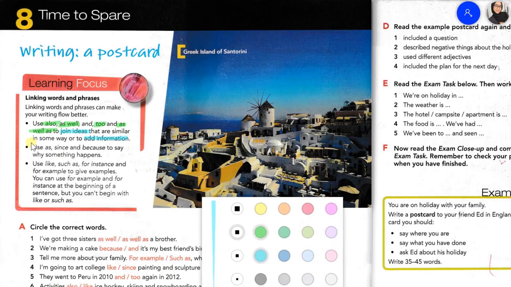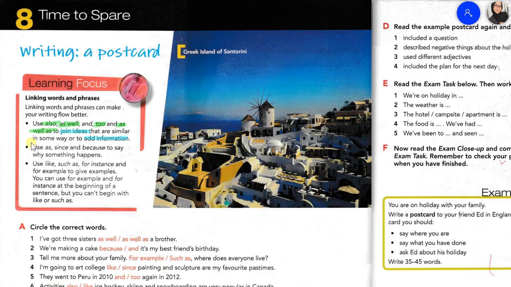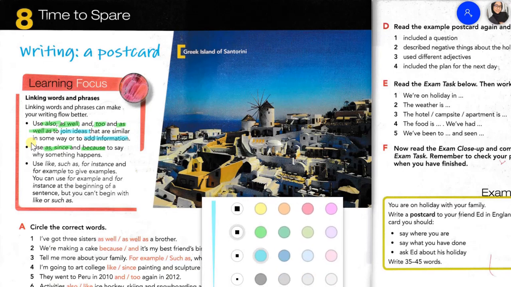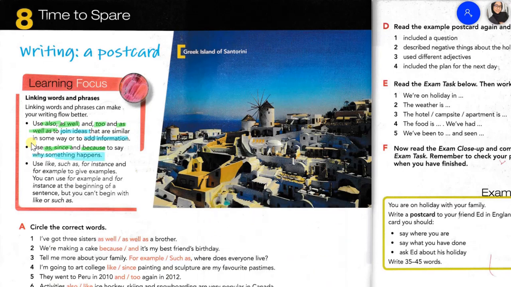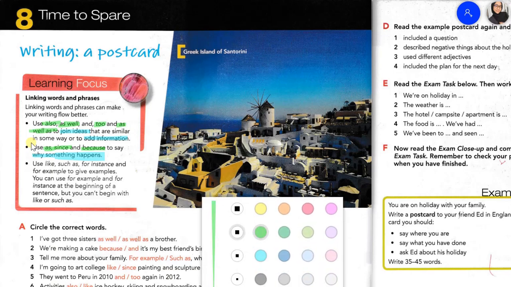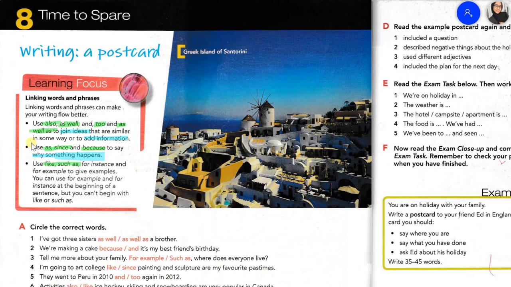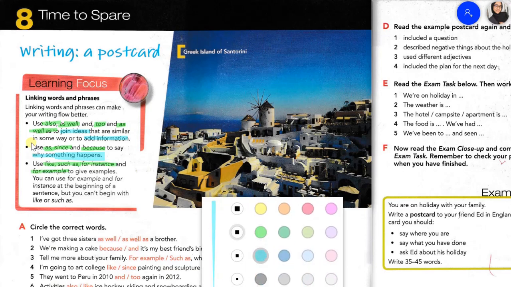Okay, so next, use as, since, and because to say why something happens, to give reason. And then use like, such as, for instance, and for example, to give examples.